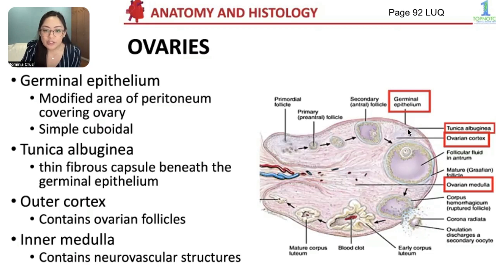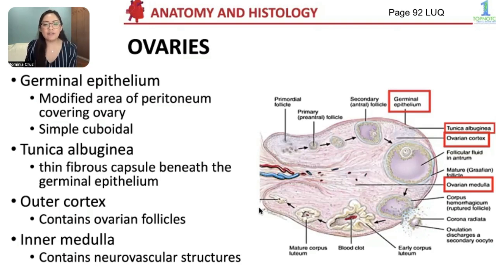Under your tunica albuginea is the outer cortex, where you will find your developing ovarian follicles and the stroma, while the inner medulla is the site of your blood vessels, nerves, and lymphatics. So here in the middle is your ovarian hilum, where the neurovascular structures pass to enter the ovarian parenchyma. Germinal epithelium, tunica albuginea, cortex, and then your inner medulla, hilum.